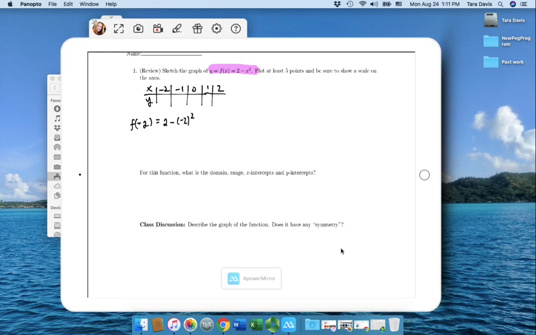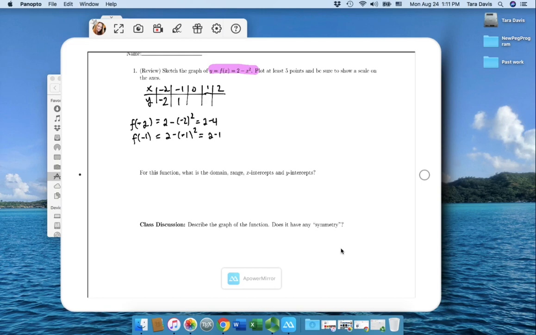So this is 2 minus 4, because -2 squared is positive 4. So this one is -2. Similarly, f of -1 is 2 minus -1 squared, which is 2 minus 1, which is 1.